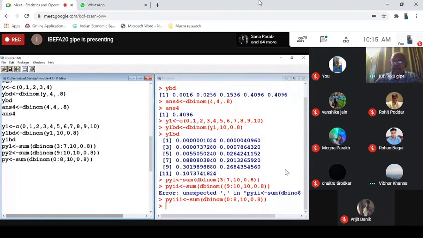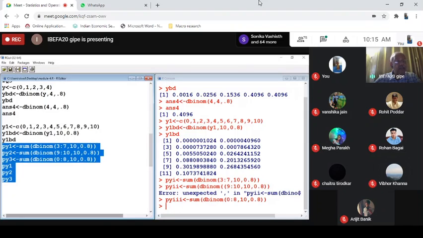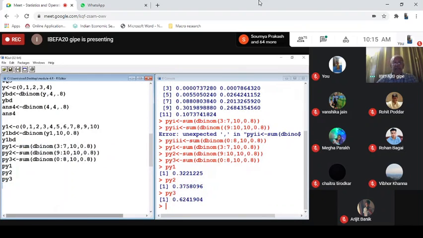I have to print the answer, because you haven't defined it afterwards. You have to call PY1, PY2, PY3. Yes, sir. My error was a double extra bracket. Let me verify with the same thing in front of you. I have used the notation from the question paper.